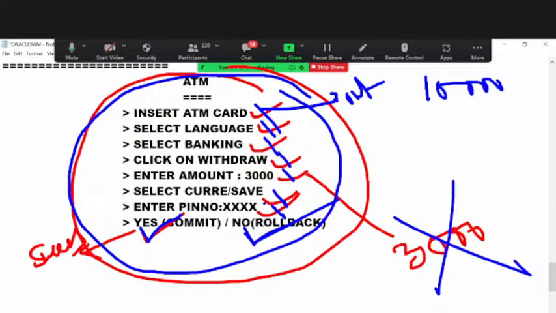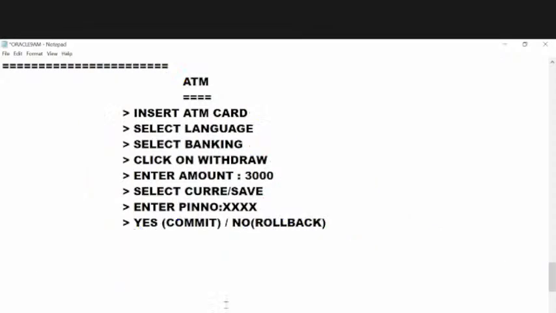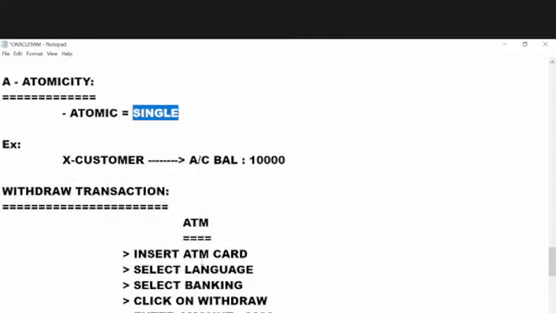So either yes or no. Finally, it gives one transaction ID, and this transaction ID will be saved in the database memory. This is the internal process. How does the database server maintain this?